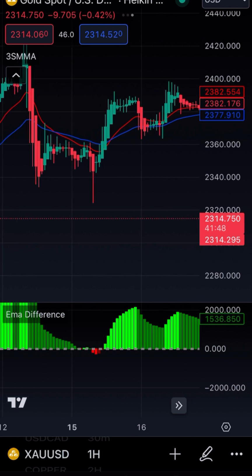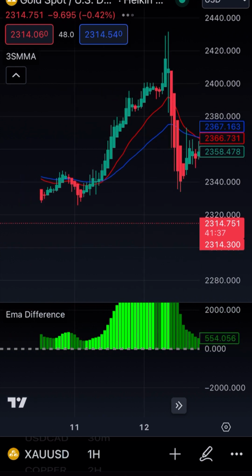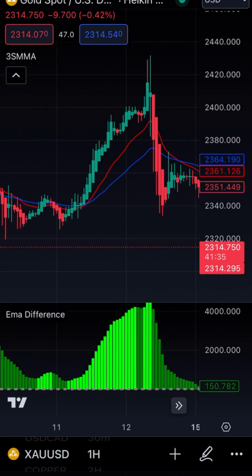If you want to use this, there's this method, or there's the method that I was teaching in the last couple videos. I just thought it'd be interesting to see how it would look if it was flipped, where the EMA difference and the moving averages were opposites. You can definitely see things a little bit differently when they're flipped.